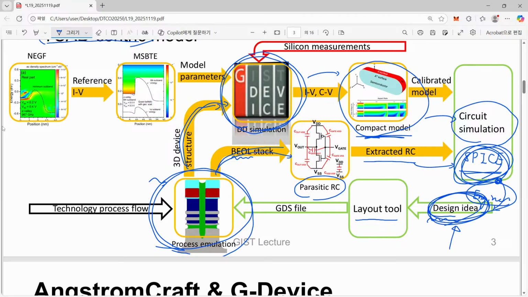Now we have a different structure, and that is repeated until we have sufficiently good performance. In that case, we have to calibrate our tools. Let's think about this one. If our generated structure is far from the realistic structure, then even though we can perform very accurate calculation and very accurate modeling of our compact model or parameter extraction, everything will be just incorrect.